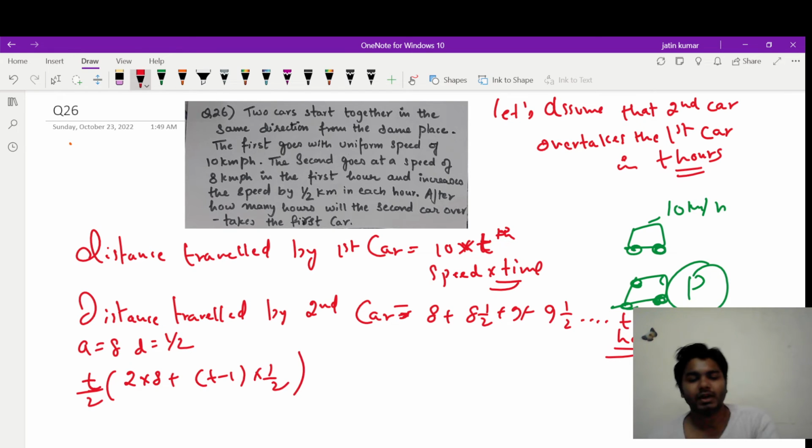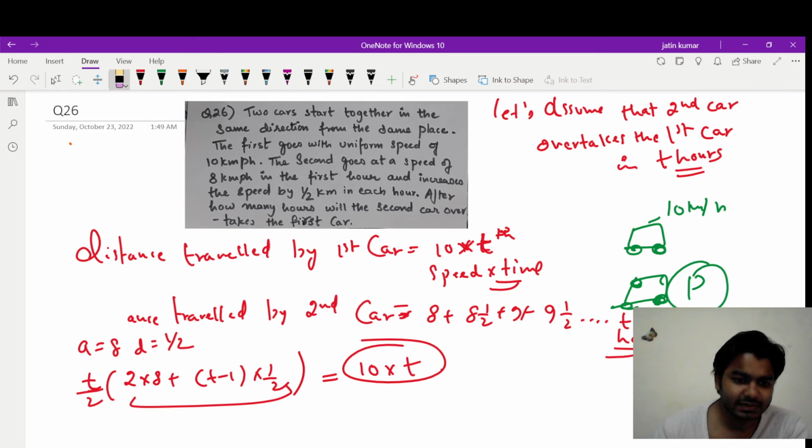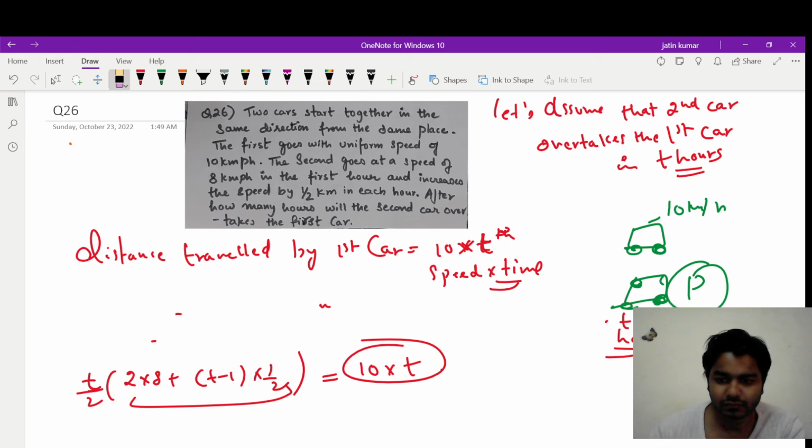This equation we need to follow, and the distance traveled by both the cars will remain the same. So can we equate the distance of both? 10 into t will be equal to this, right? This is the distance of the first car, and this is the distance of the second car. Now on solving these two equations, we have to find the value of t.